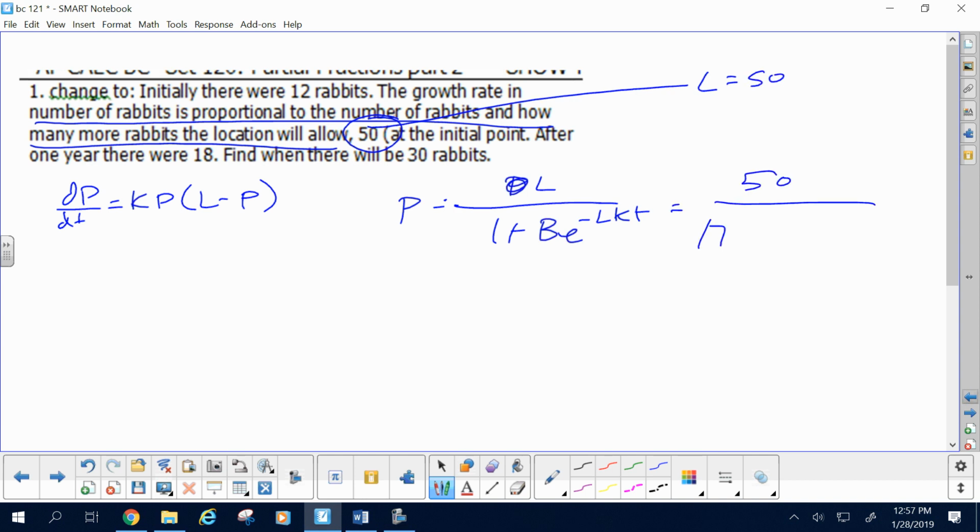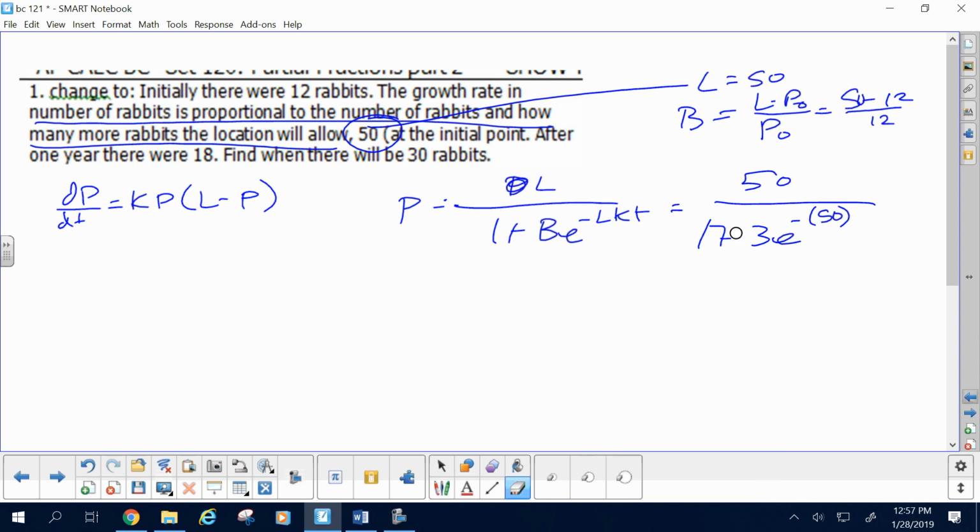That's cool, so we can put that there and there. And then what about the B? B is L minus P naught over P naught, so that's 50 minus 12 over 12. So you get 38 twelfths or 19/6. So B is 19/6.